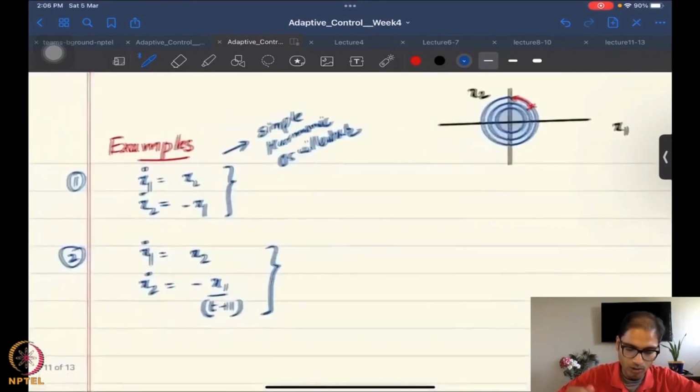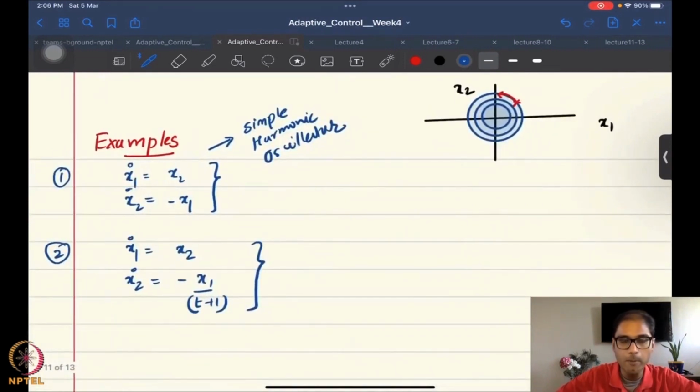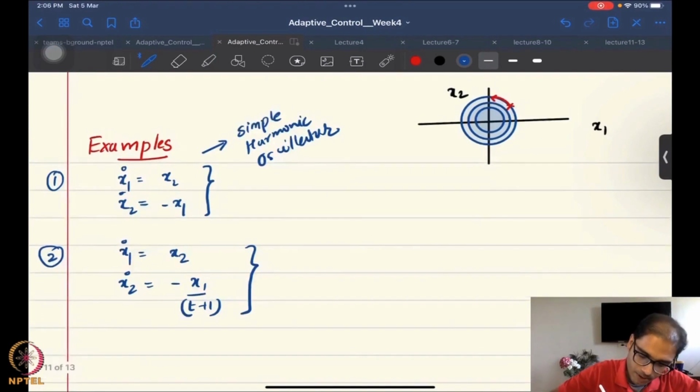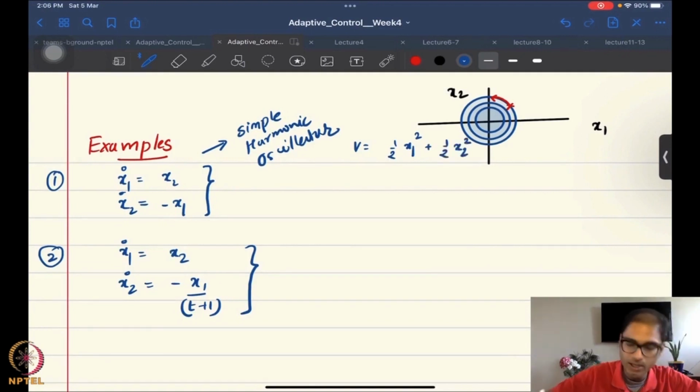So we of course want to look at the stability analysis. What do I do? I pick my V as half x1 squared plus half x2 squared.